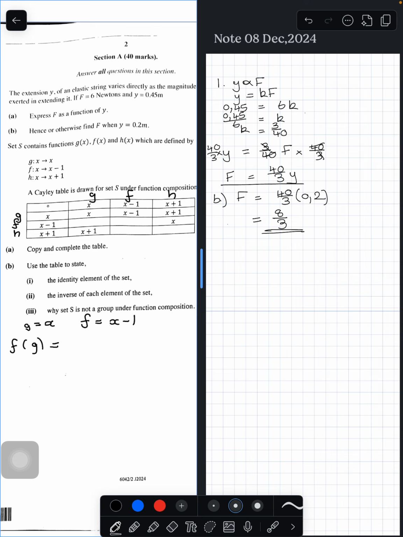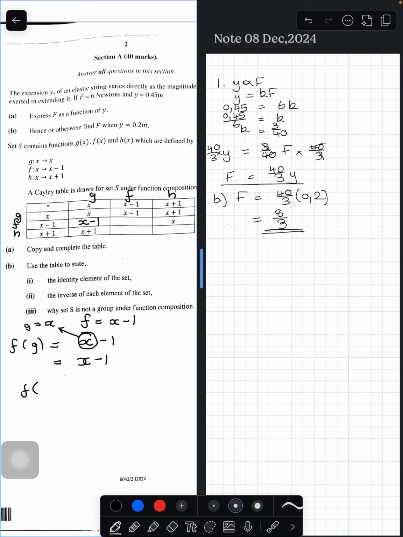So where there is an x, F is x minus 1, but in place of this x, replace the value of x with the value of G. But what is G? G is x. So our answer becomes x, it still goes back to x minus 1. So this one is x minus 1. I hope I tried to explain that one for you.